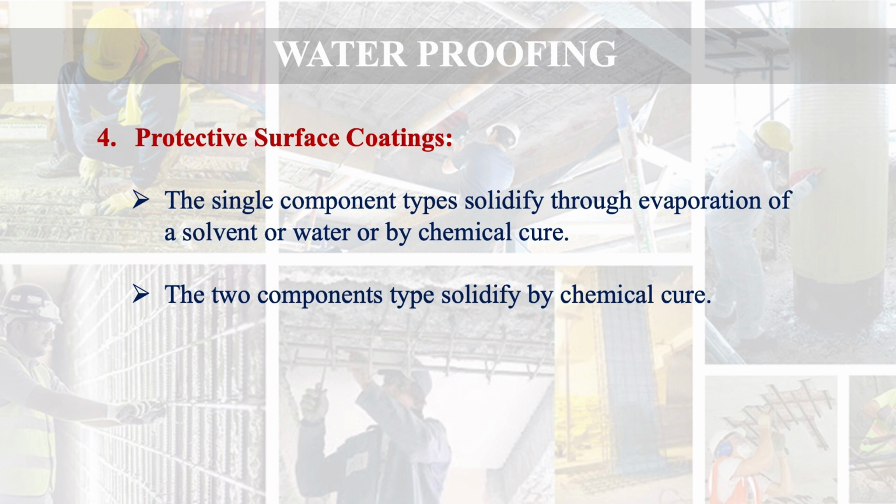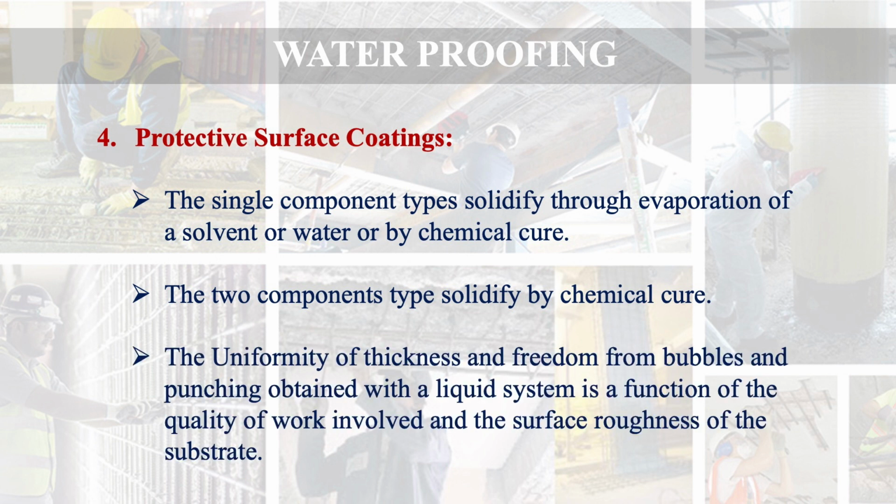The two component type solidify by chemical cure. The uniformity of thickness and freedom from bubbles and punching obtained with the liquid system is a function of the quality of work involved and the surface roughness of the substrate.